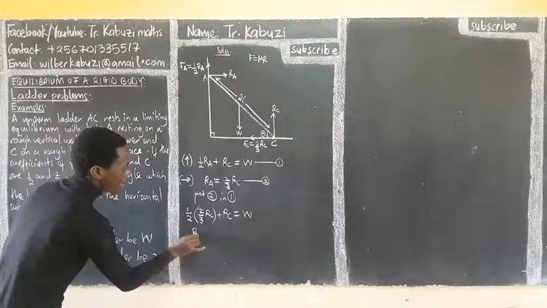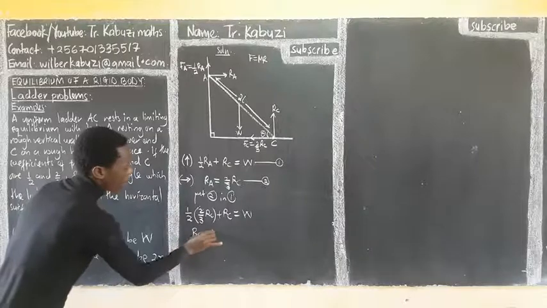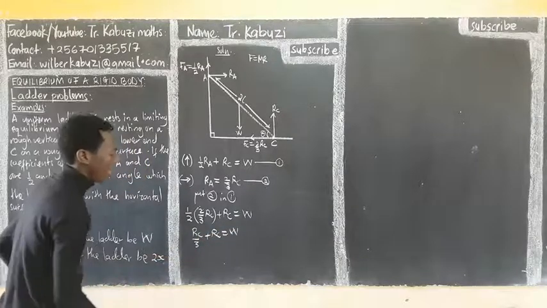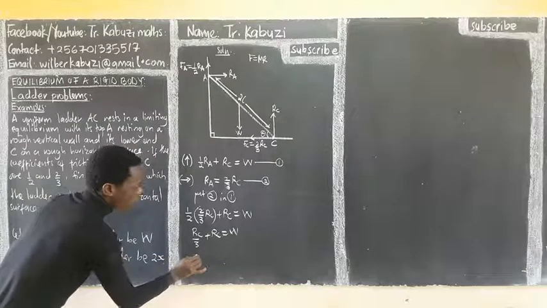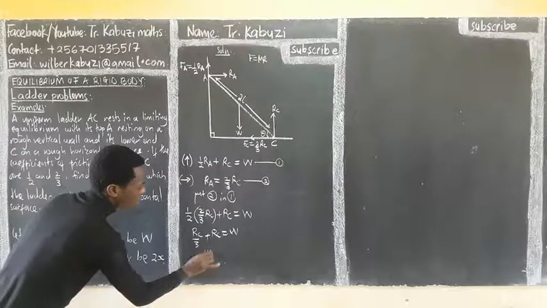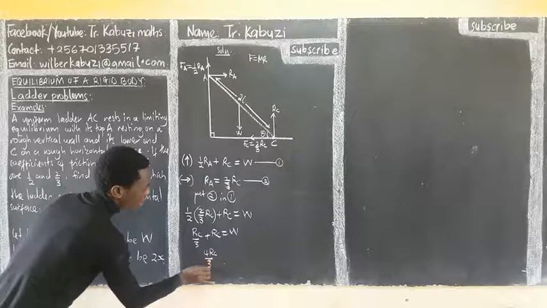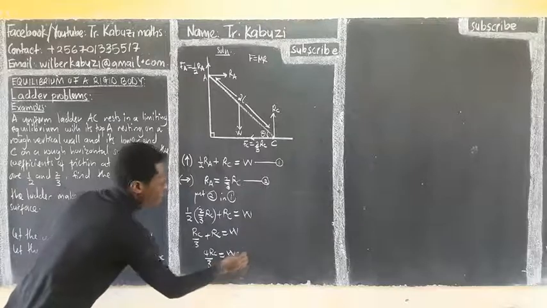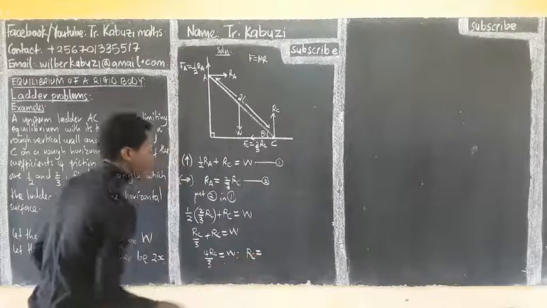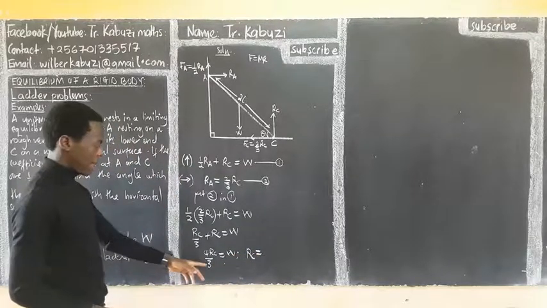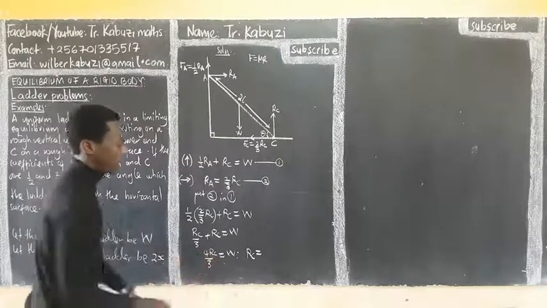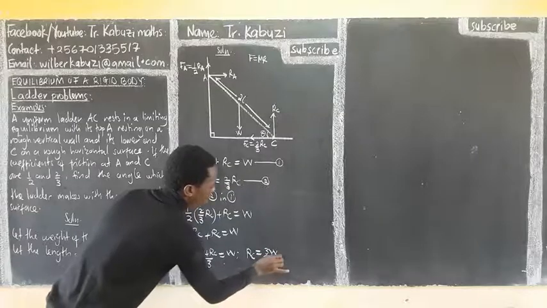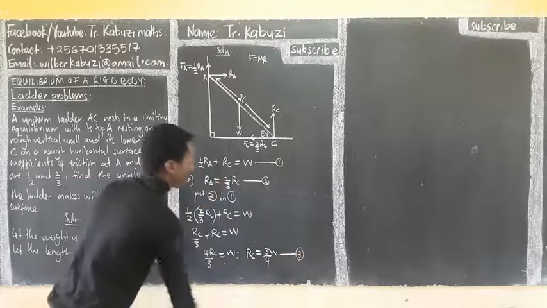So we are having RC over 3 plus RC equaling W. When you simplify there, this is 4 RC over 3 equaling W. Implying that from here, my RC is going to be equal to 3W over 4. And I call this equation 3.